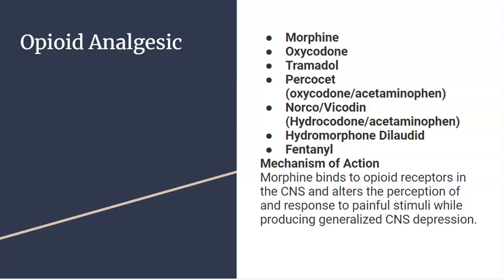If I remember correctly, hydromorphone or Dilaudid is about 10 times stronger than morphine. So those are typically given in smaller doses. And again, with fentanyl, the doses are even much smaller. They come in micrograms. So the potencies differ greatly in the types of opioid analgesic.